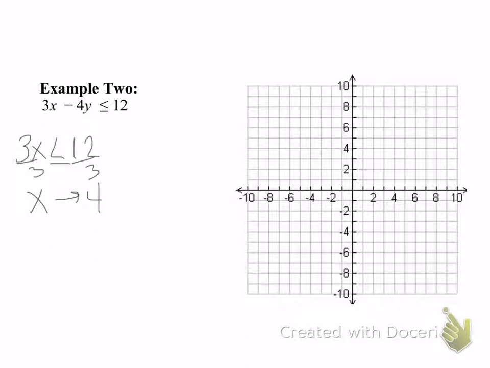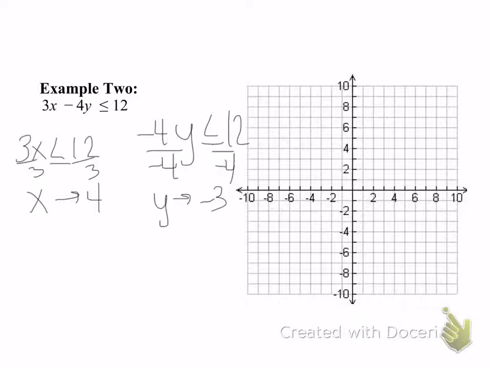And our y value, so you got negative 4y is less than 12. Well, when you divide by negative 4, we know our y value will be at negative 3. So let's graph those 2 points. You got 1 at 4 and 1 at negative 3.